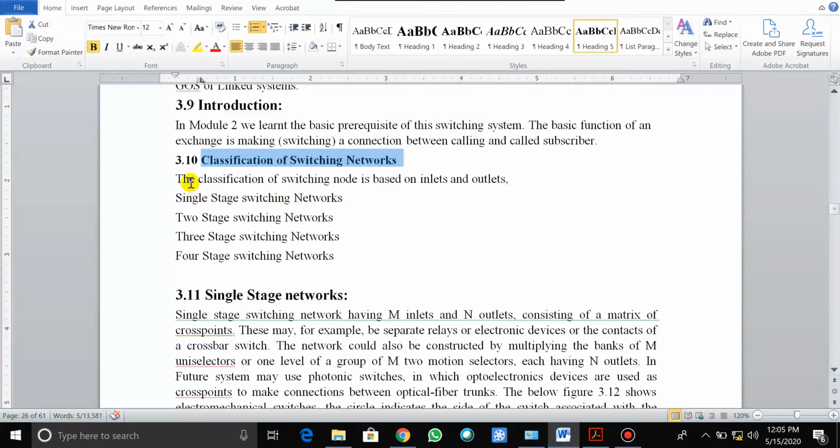The classification of switching networks is based on inlets and outlets, and there are four types: single stage switching network, two stage switching network, three stage switching network, and four stage switching network.